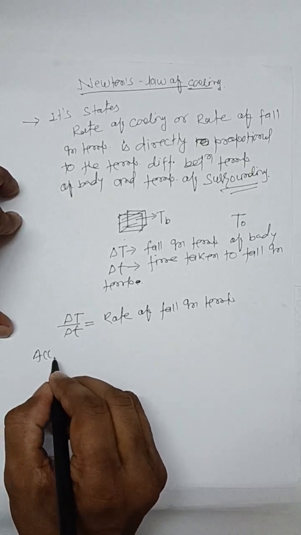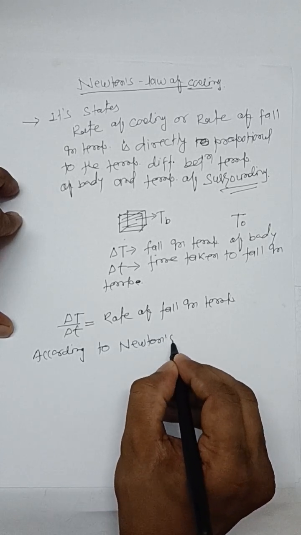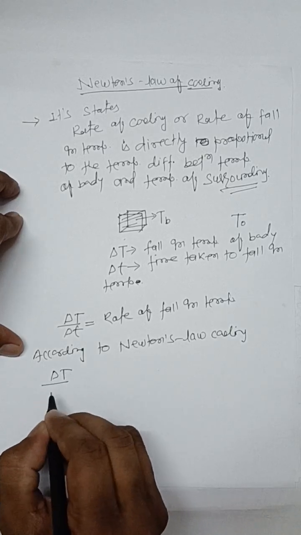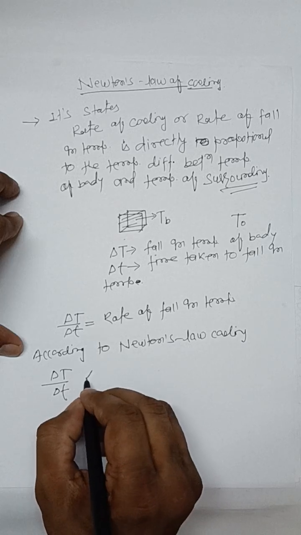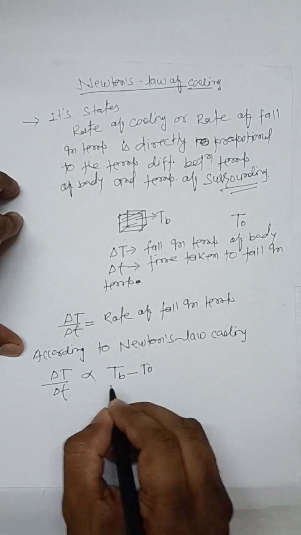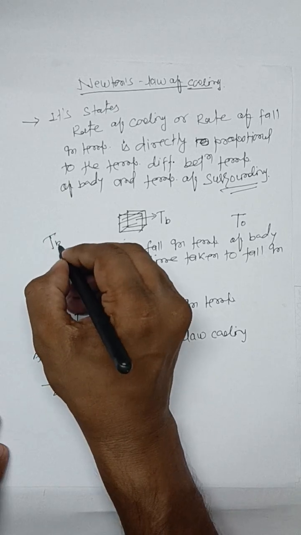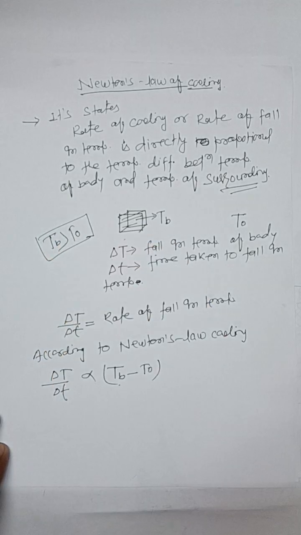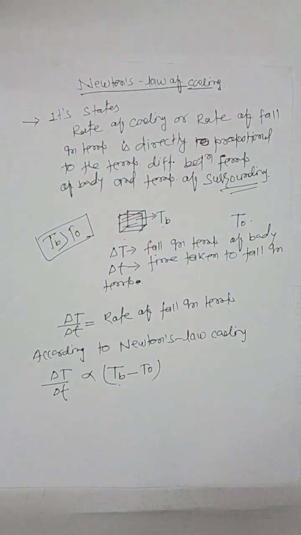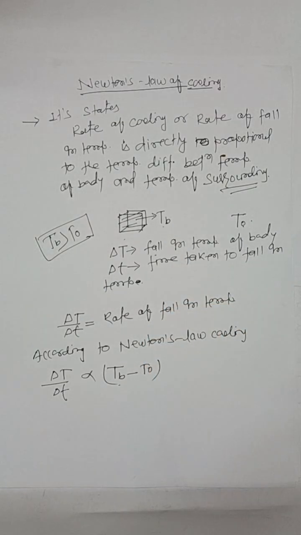According to Newton's law of cooling, del T by del t is directly proportional to the temperature difference of the body over that of the surrounding, T_b minus T_0. Here T_b is greater than T_0. If the temperature of the body is greater than the surrounding, then the temperature falls. If the temperature of the body is less than the surrounding, then the body gains temperature from the surrounding.